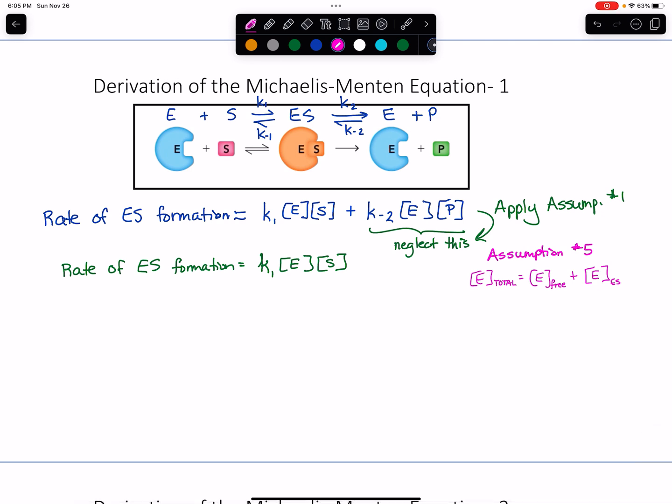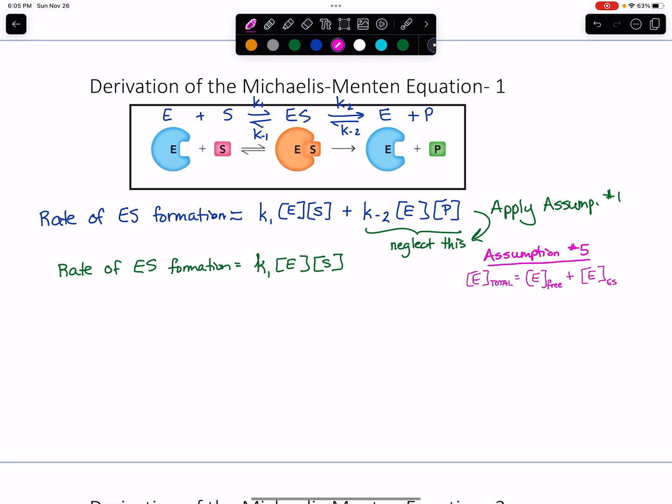So the total amount of enzyme is a combination of free and enzyme substrate complex, right? So then I can plug that in here. So I get the rate of enzyme substrate formation is K1 times, let's see, how am I going to write this?